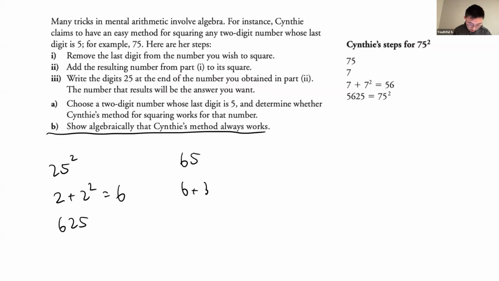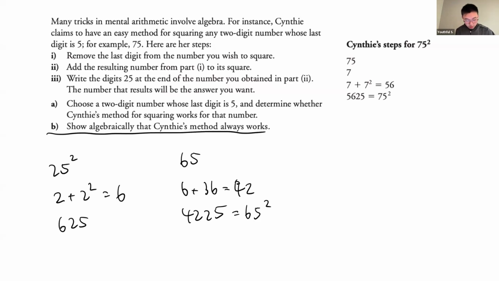So 6 plus 36 equals 42. 42, 25 equals 65 squared. Let me just check if that's the case. So 65 squared, yeah, that is 4225. Okay, so this definitely seems to work.